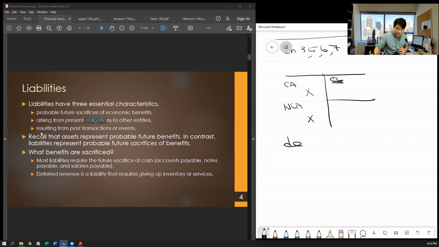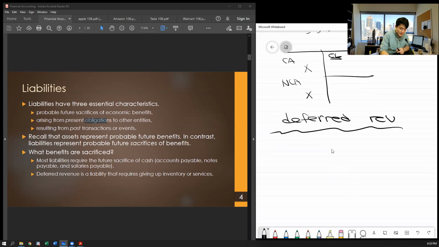Those are liabilities as well, also reported in the liabilities section.